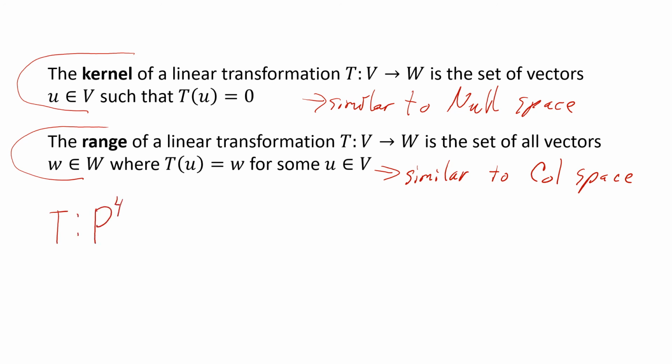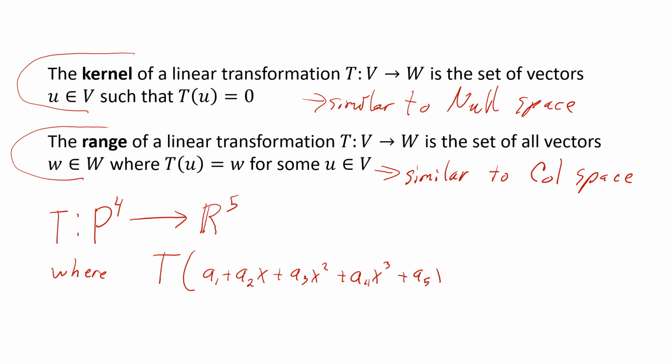Now remember what P4 was: the set of all polynomials with maximum degree of 4, into R5, where T of A1 plus A2x plus A3x squared plus A4x cubed plus A5x to the 4. Now that's a general polynomial of degree 4 or less.